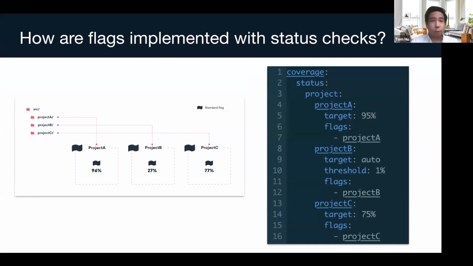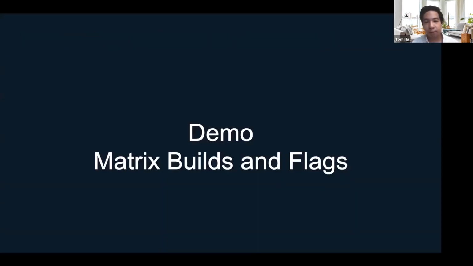And this might be due to the maturity of their testing, so they expect new code to be well tested. But as mentioned, Project B may be new to collecting coverage metrics, and so they might only be interested in raising their target coverage, thus setting it to auto. So using status checks with flags in this way allows you to have the necessary restrictions on merging untested code.